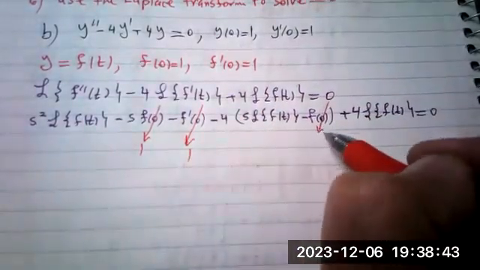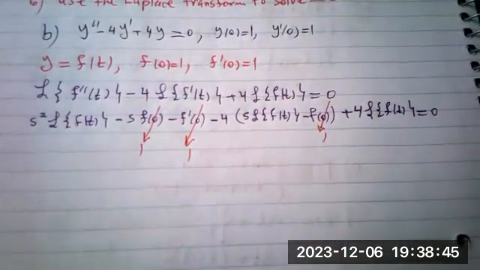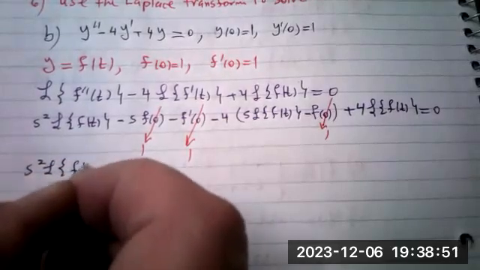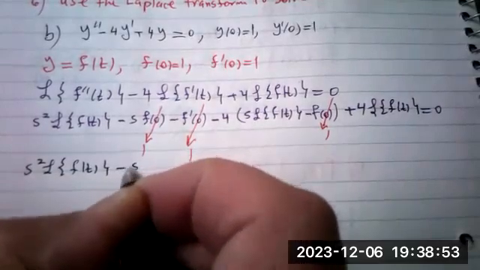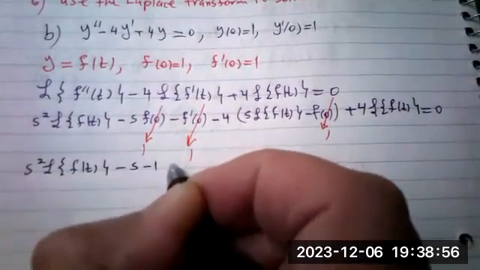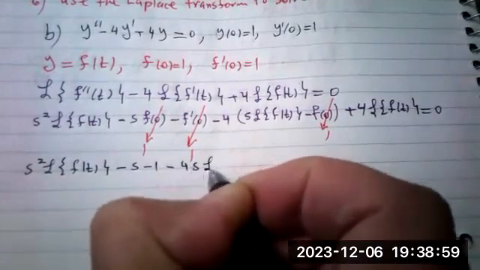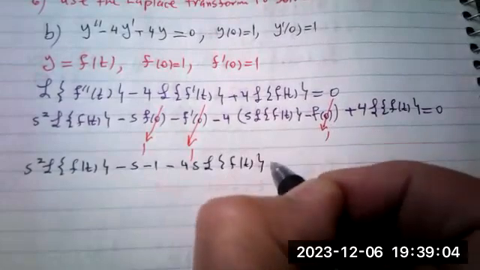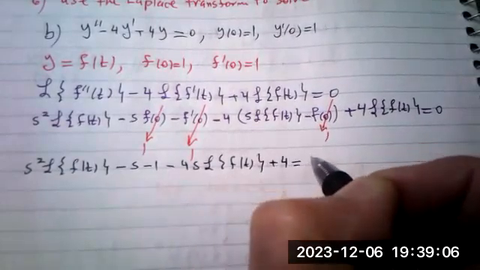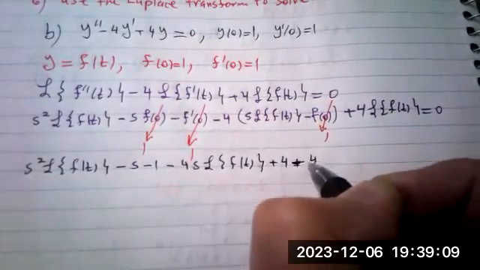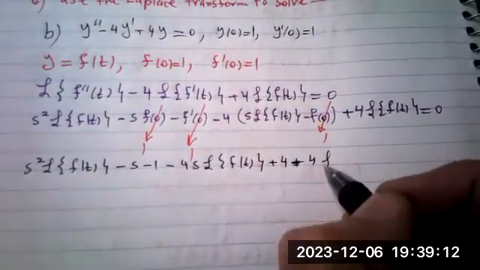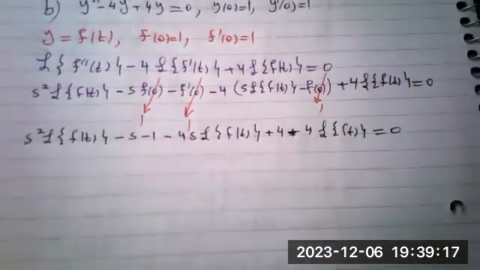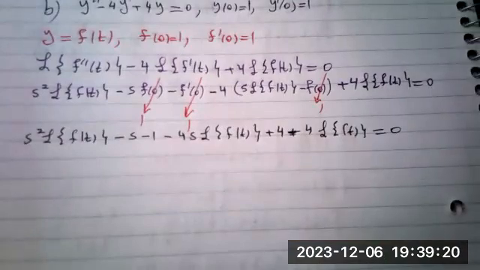So applying these conditions, you arrive at s squared Laplace of f of t minus s minus 1, minus 4s Laplace of f of t, plus 4 Laplace of f of t equal to 0. So I applied the initial conditions, both of them are 1s.